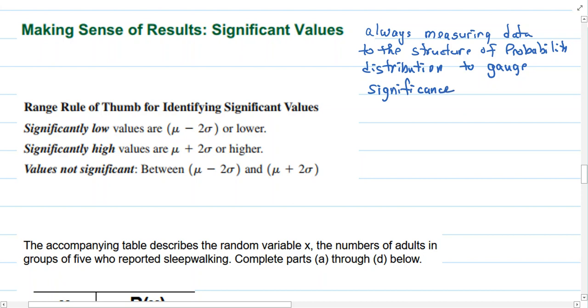And we've used it in chapters 3, 4, and 5. And we've had the same information each time. And that's the range rule of thumb of identifying significant values. A significantly low value is mu minus 2 sigmas, or lower. Significantly high are mu plus 2 sigmas, or higher. Values not significant are anything between the low and the high.